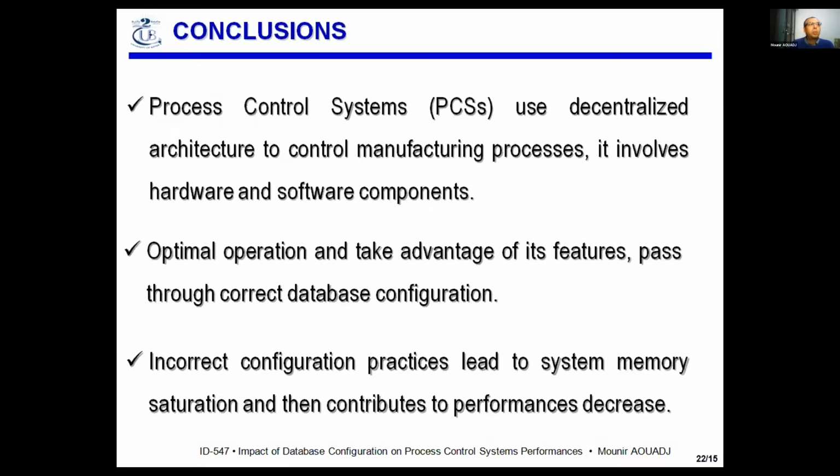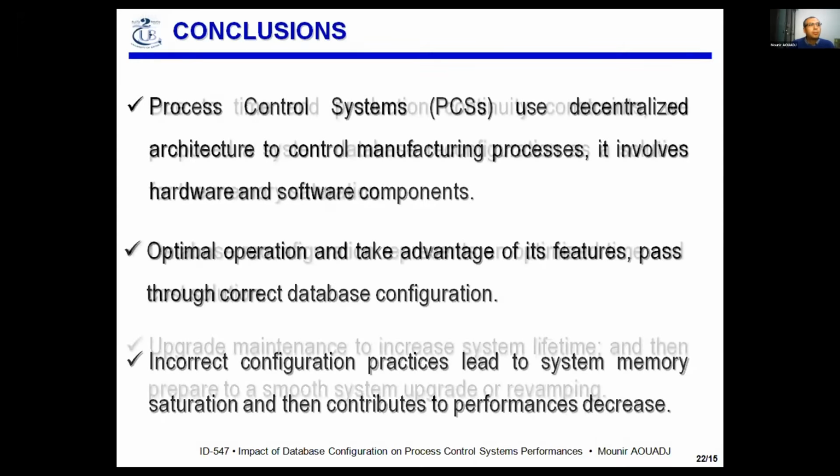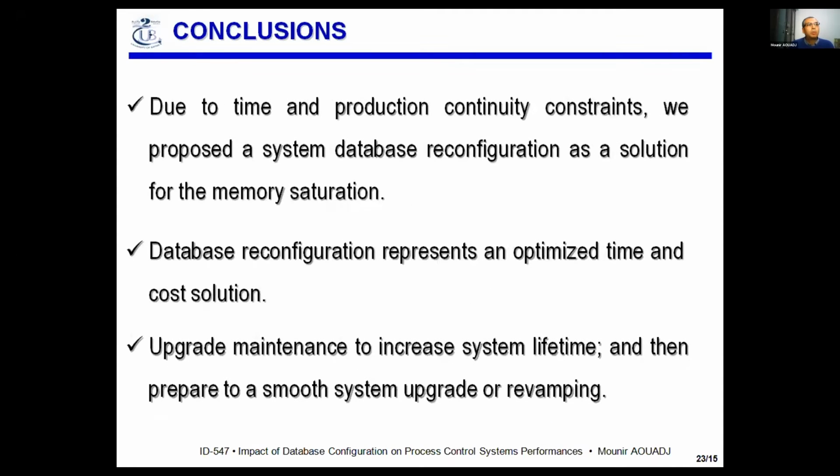The most important problem discussed in this paper is system memory saturation, which significantly contributes to performance decreases. Saturation of the system is the effect of inadequate database configuration during the engineering phase of the system installation project.